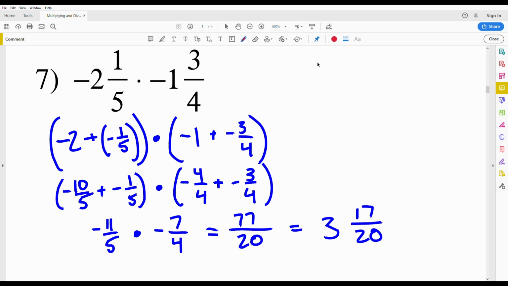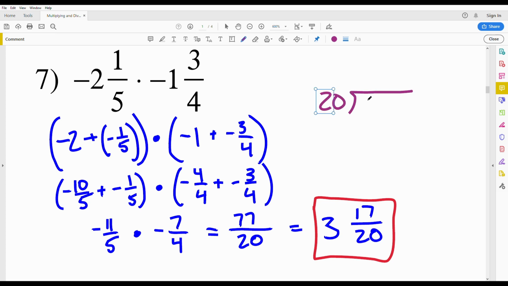But that might be a little difficult to do in your head, which is fine. I've been doing this math for a while. So let's go ahead and do it out real quick on the side. If we have 77 divided by 20, we'll take 20 and see how many times it goes into 77. 20 doesn't go into 7, but 20 goes into 77 3 times. 3 times 20 equals 60. And when I subtract 77 minus 60, I get 17.